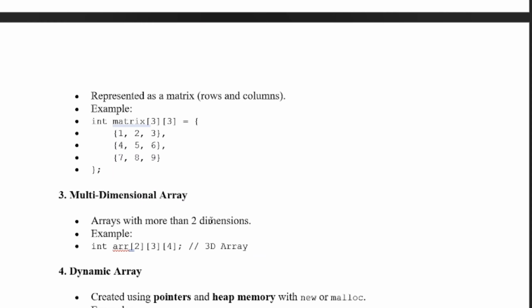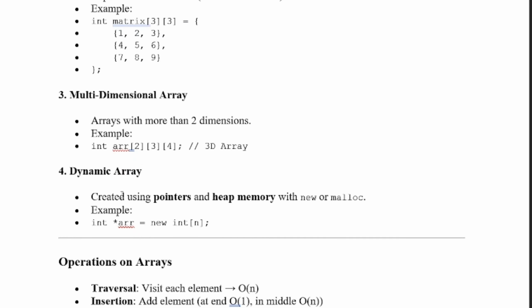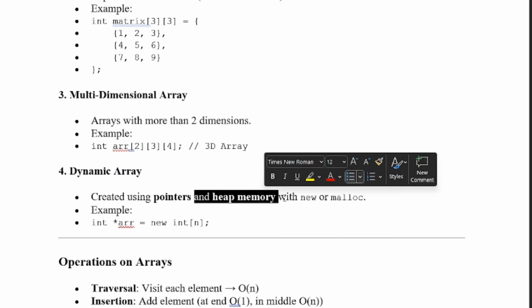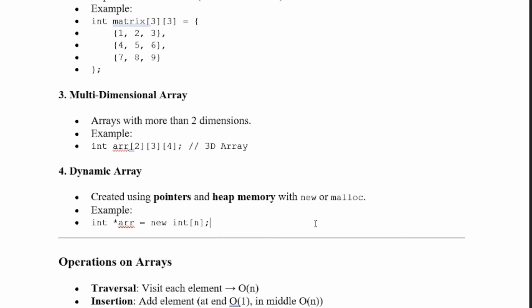The third type of array is multi-dimensional array, meaning an array with more than 2 dimensions. You can see the example here. And the fourth one is dynamic array, which means it is created using pointers and heap memory with the new or malloc function.